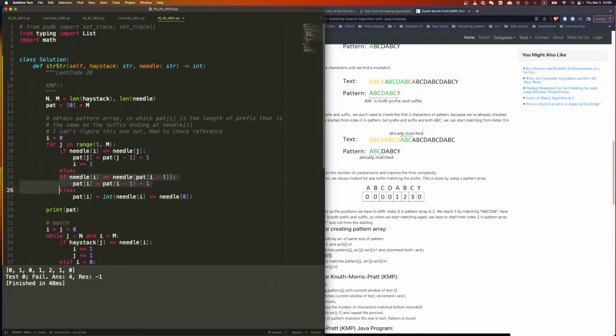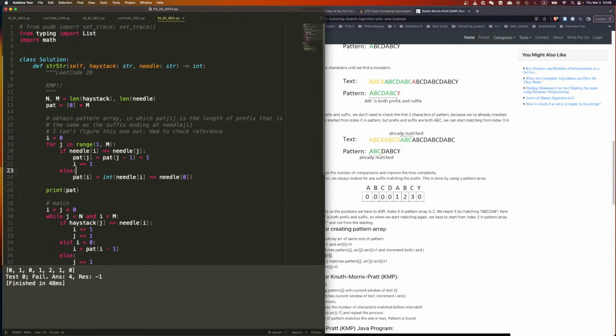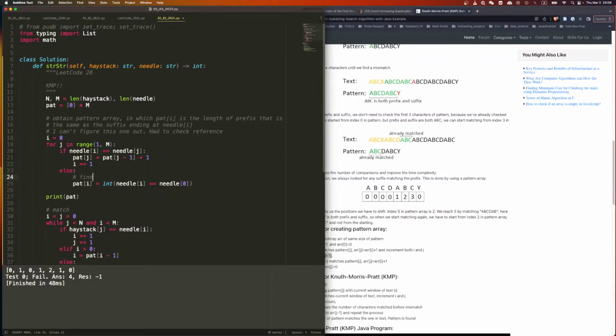Else, if they do not match, we need to find the prefix that matches the current suffix of needle towards I, right?